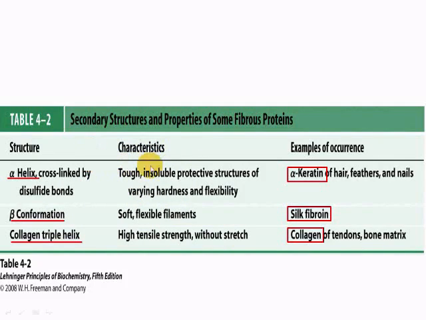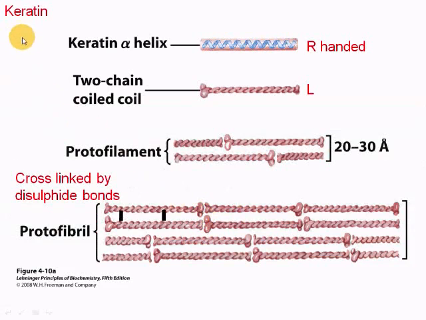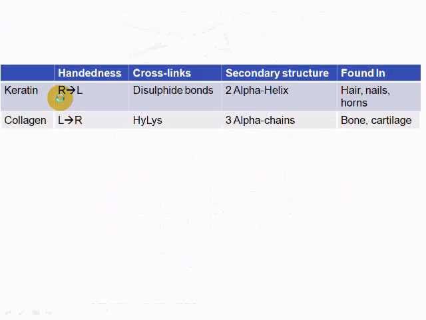I'm going to compare some characteristics of keratin and collagen. Alright, here's keratin, and I'll just skip kind of to the table just to show you the categories that we're going to look at so we can know what we're comparing. So for keratin and collagen, we want to compare handedness, what's going to cross-link them together, their secondary structures, and where they are found.